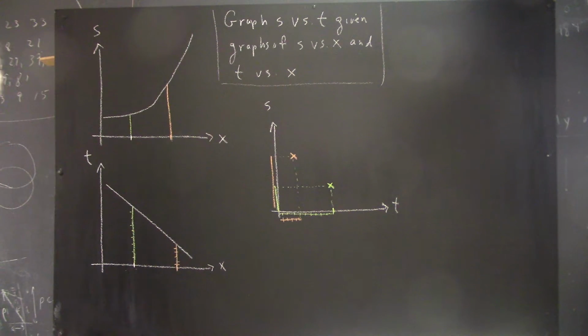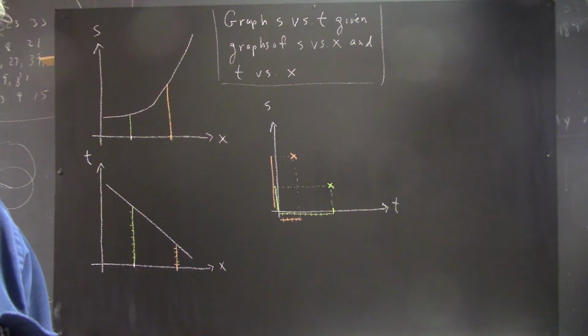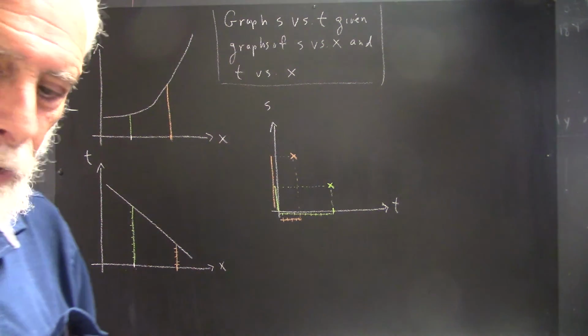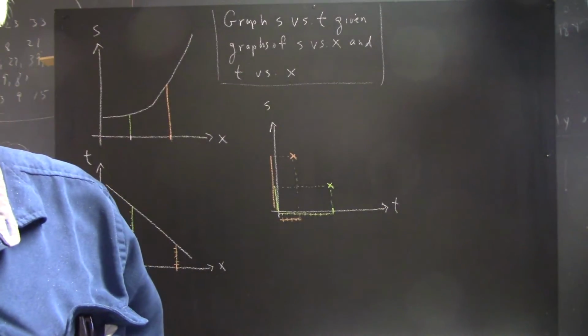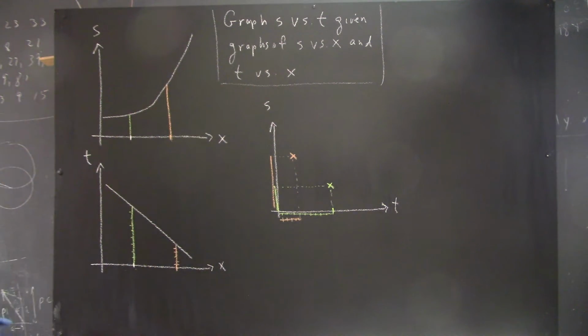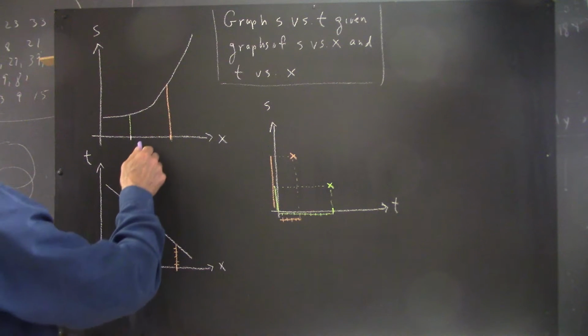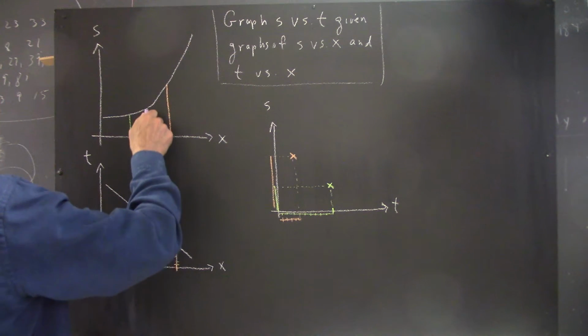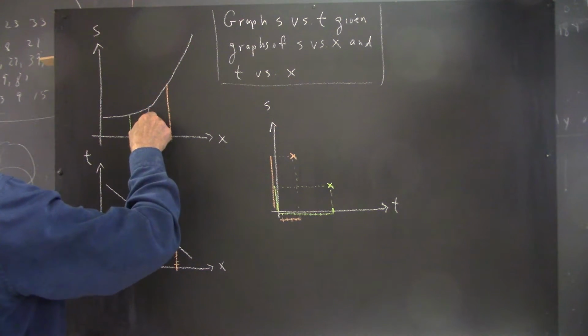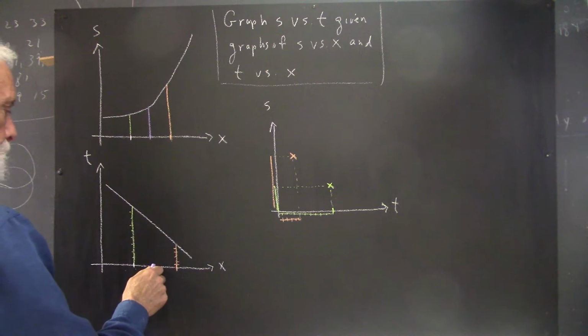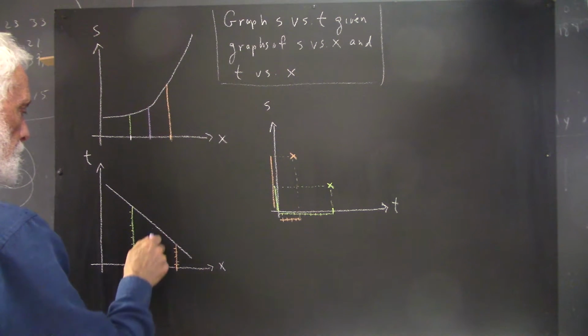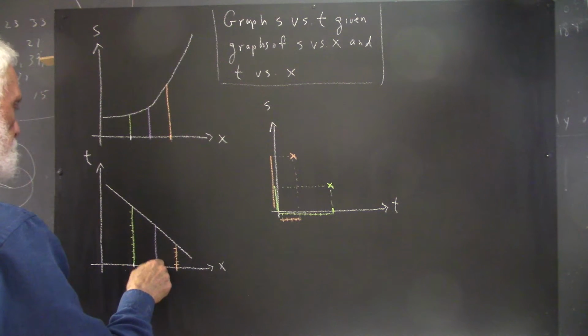You should have the idea by now, but let me find another good color. Where'd it go? There it is. We can do another point. Let's do a point somewhere in between here. So right here's our S value, and right here is our T value.